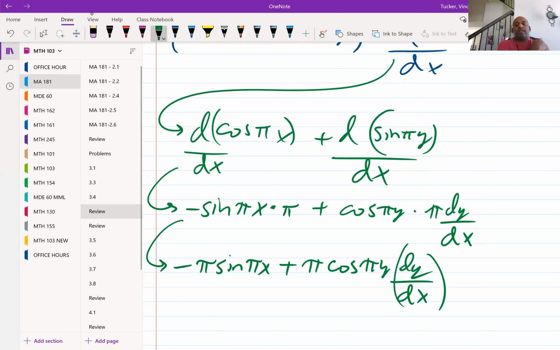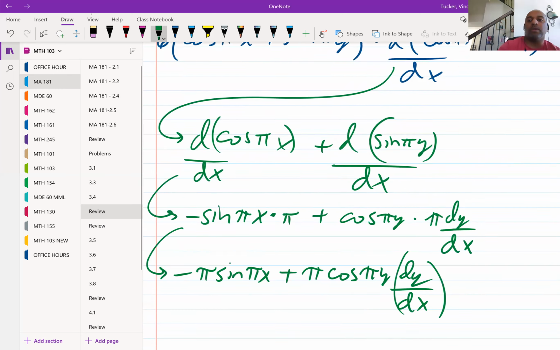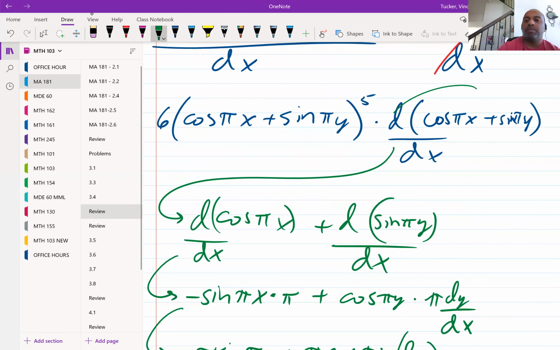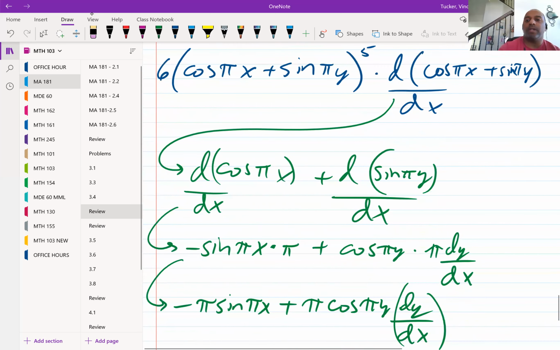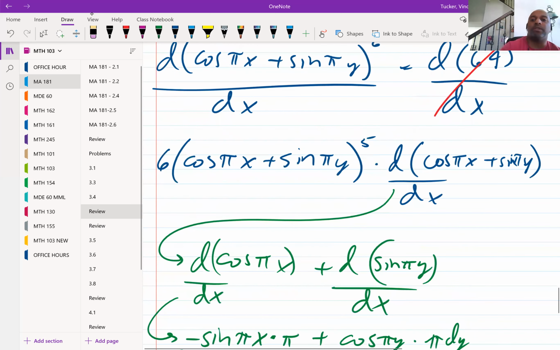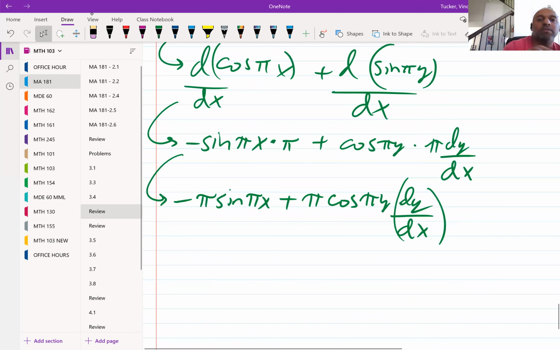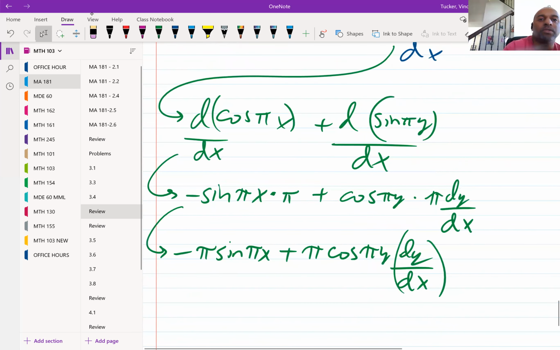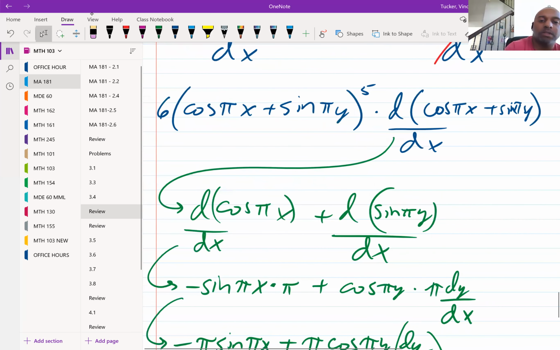All right, so that's that. And so now we can go ahead and put that right here. Oh yeah, and don't forget that's equal to 0, but we'll bring that here. So probably need to write a little smaller.